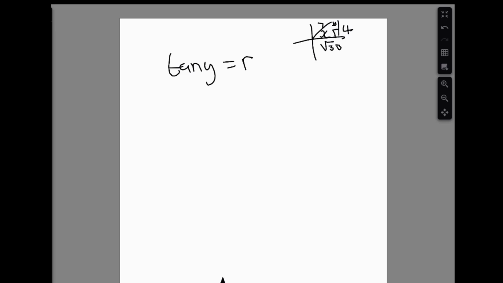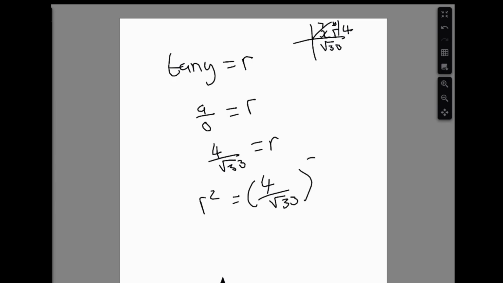So tan y is equal to adjacent over opposite, which equals r. Now, the adjacent side is 4, and then the opposite side is the square root of 33. That's r. That means r squared would equal 4 over the square root of 33, squared, which would then equal 4 squared, which is 16 over 33.